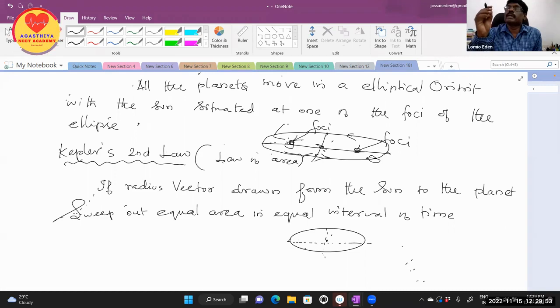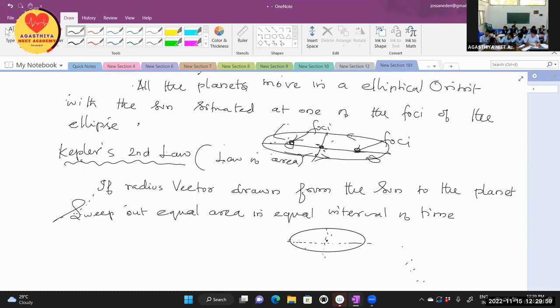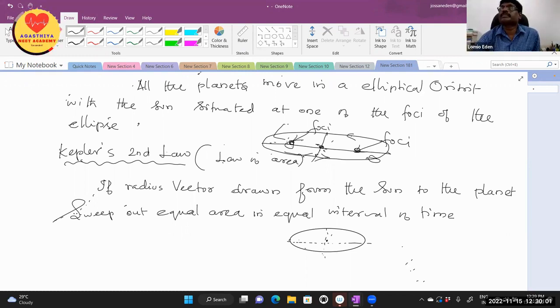The planet speed will be maximum when the planet is close to the sun, at the shortest distance. The planet speed will be minimum when the planet is at the farthest distance.